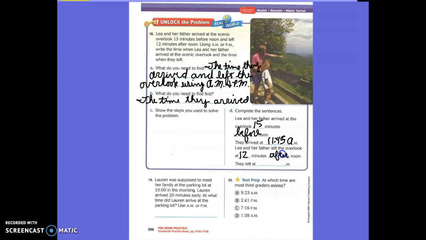So if we go back to noon, which is 12 o'clock, and we want to go after it, are we going to go towards the 1 or towards the 11? 1. So how many minutes are we going? 12. Okay, so we're going to go 5, 10, 11, 12. What time is it? 12:12.